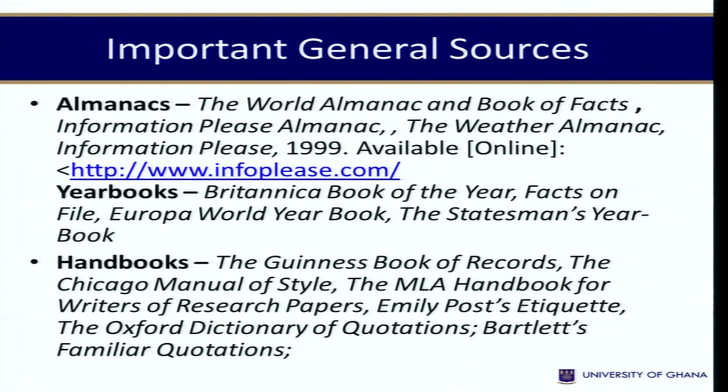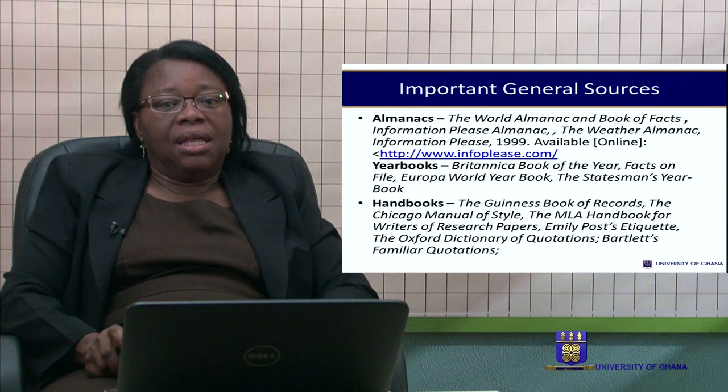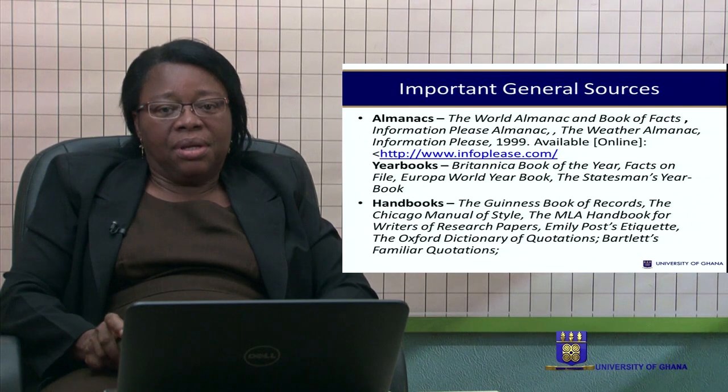Important general sources that you will need to examine: for almanac, you need to look at the World Almanac and Book of Facts. For yearbooks, you need to examine physically the Statesman's Yearbook.